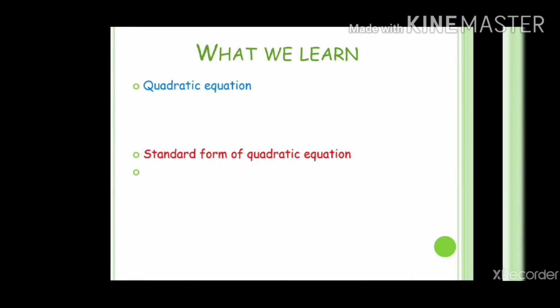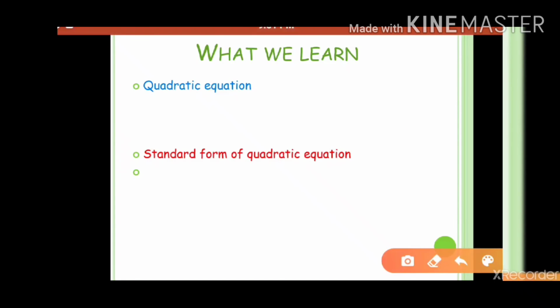Now what did we learn today? We learned the quadratic equation. A quadratic equation is of the form ax squared plus bx plus c equal to 0, where a is not equal to 0. Ax squared plus bx plus c equal to 0, where a is not equal to 0, is a quadratic equation.